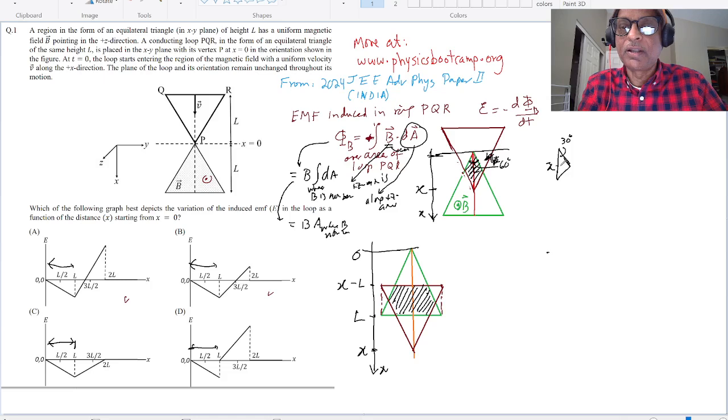If I look at half of that triangle, this is x over 2, and this is 30 degrees. So we can find this as a base times tangent, right? So x over 2 tangent 30 degrees, which is x over 2 times 1 over square root of 3.